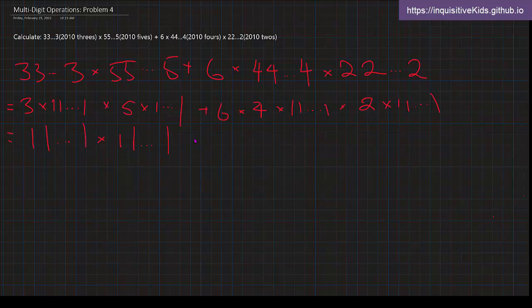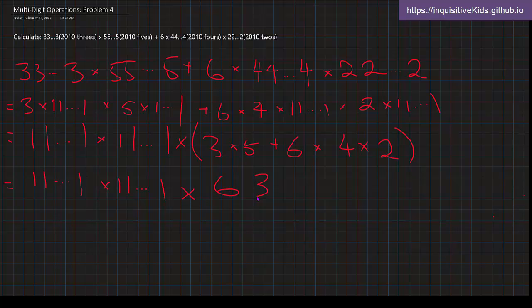And in the parentheses, we have 3 times 5 plus 6 times 4 times 2. So this is equal to 2010 ones times 2010 ones times, after you do the parentheses, 63.